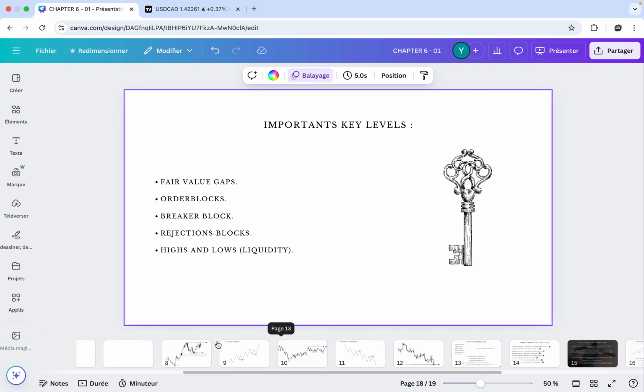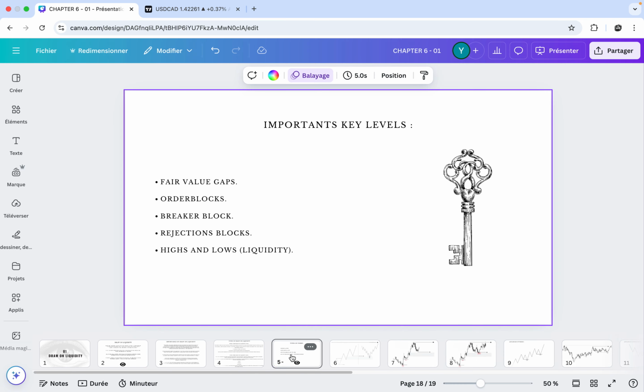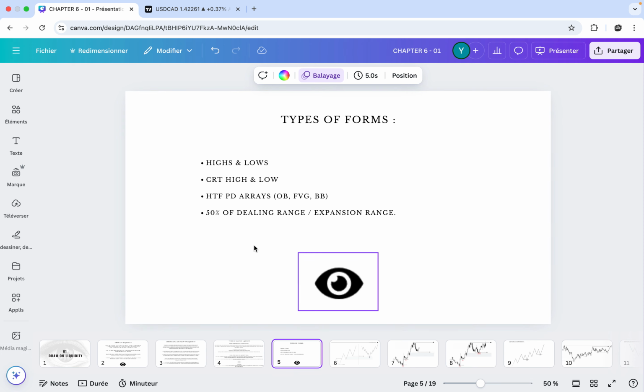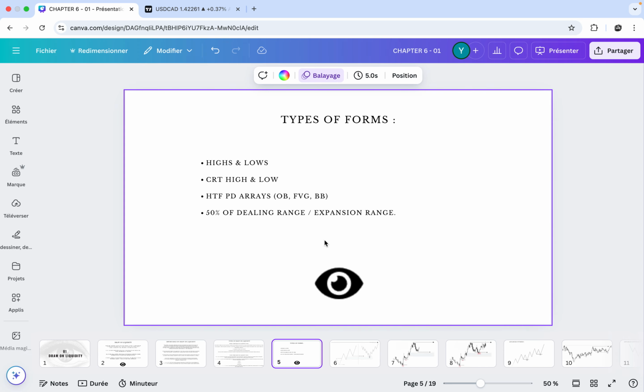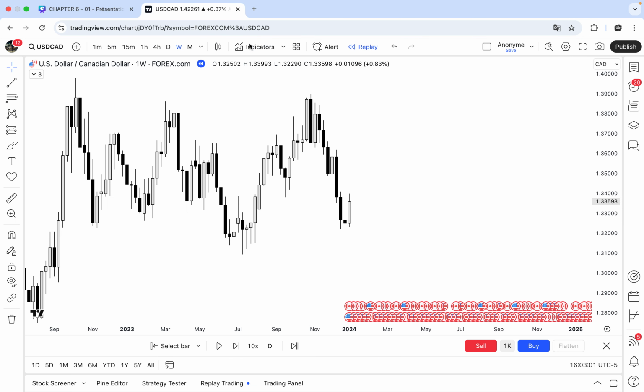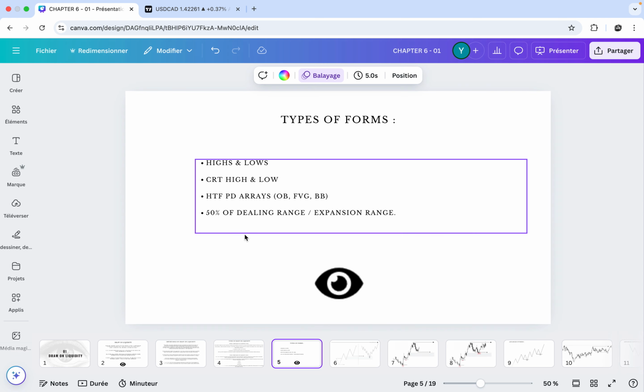So if we go back in there, types of form, you want to look for these. All right, this is the weekly time frame. I'm using only the weekly time frame, sometimes the monthly, but most of the time the weekly. So I'm looking for highs and lows, CRT high and low, higher time frame PD arrays, and 50% of expansion range or daily range.